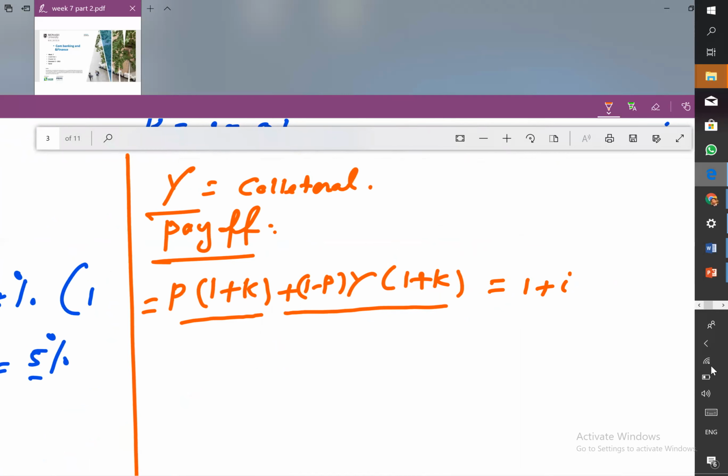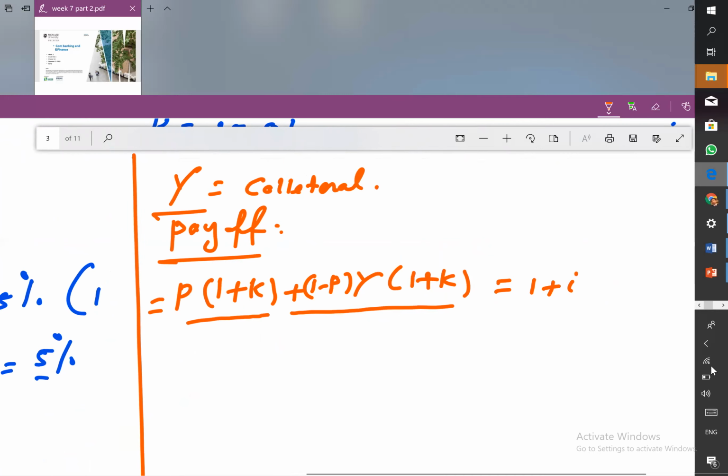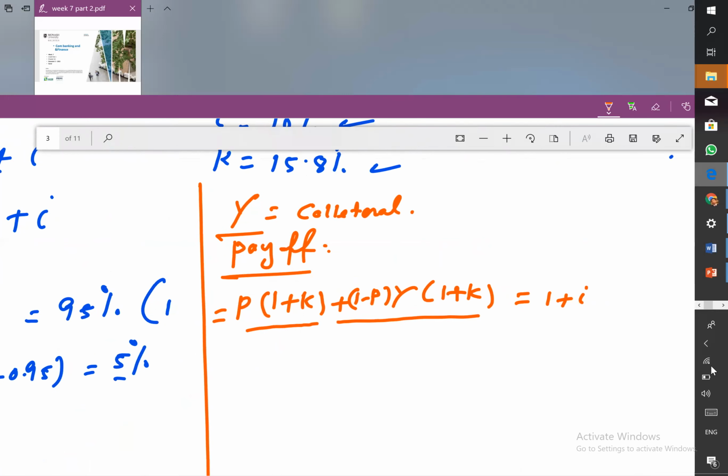If we know this now, we can calculate another formula. I'm not going to give you the proof, which is the K minus the I is actually the premium.